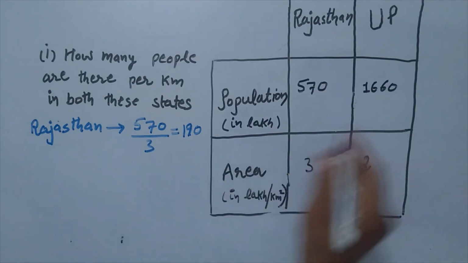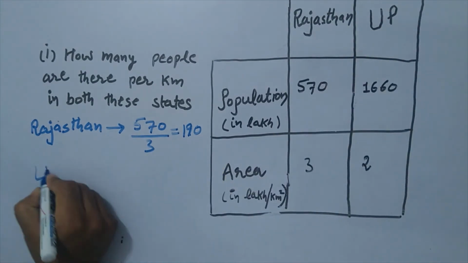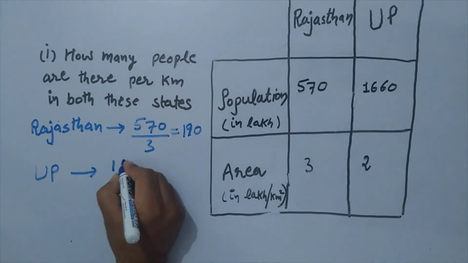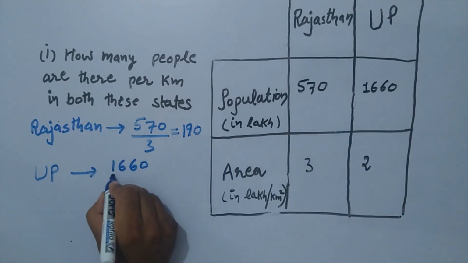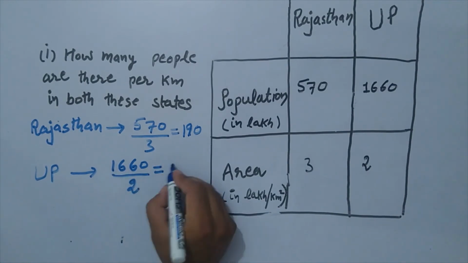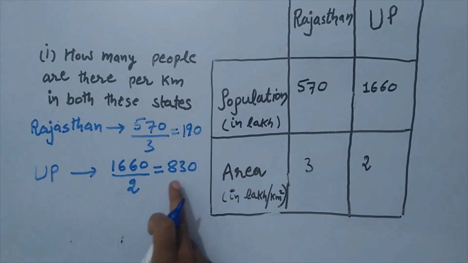So what about UP? In the case of UP, we divide 1660 by 2. The answer is 830 lakh people per kilometer.